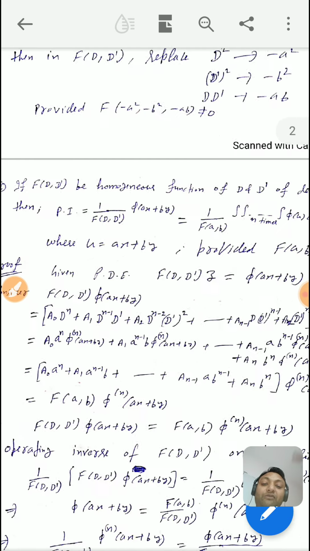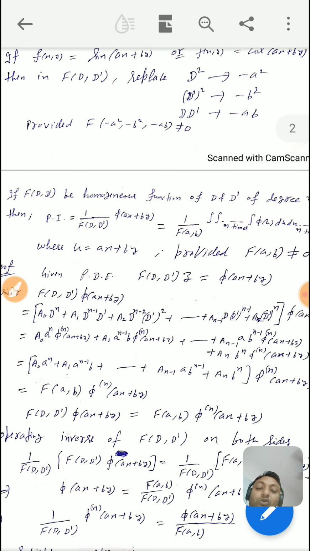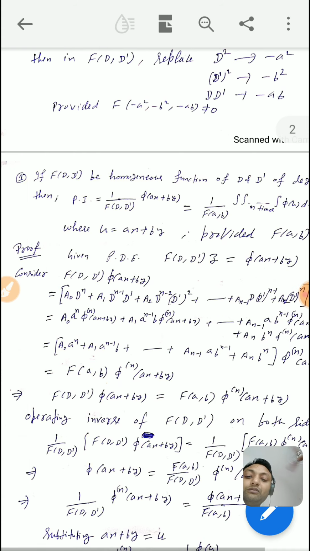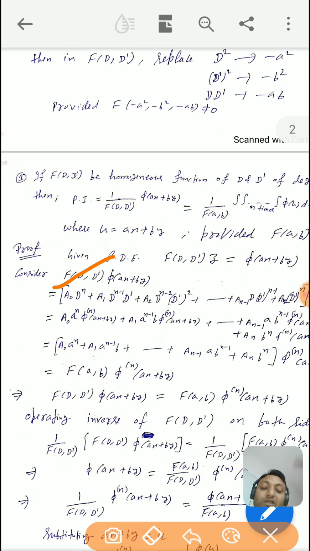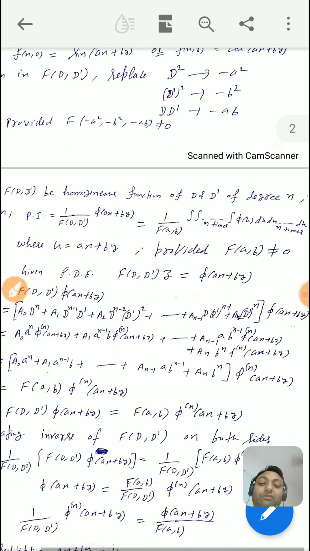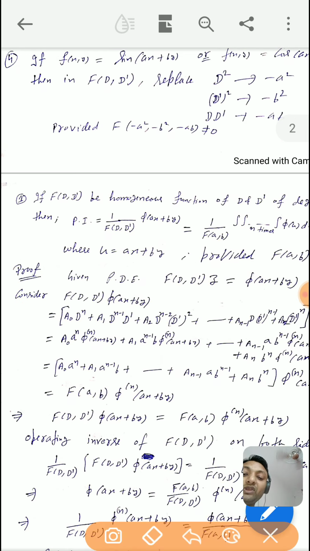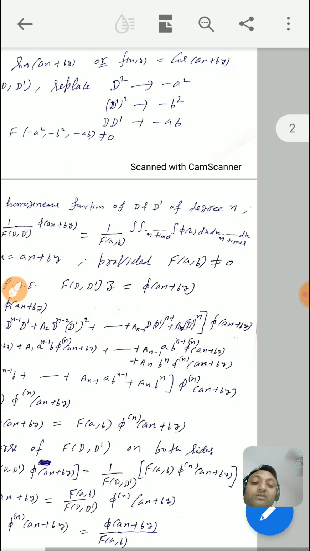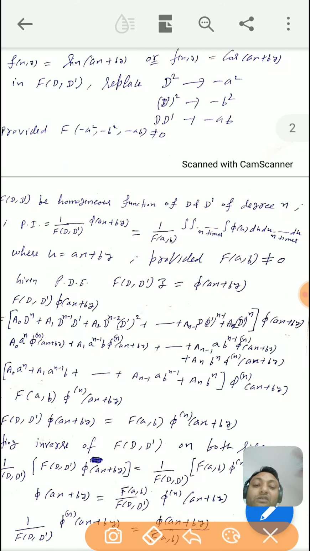We know that f of D, D dash is equal to a naught D power n plus a1 D power n minus 1 D dash plus up to plus a n D dash power n. So we substitute the value of f of D, D dash here, and this is operating on phi of ax plus by.